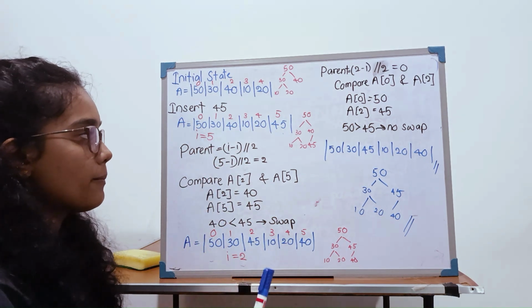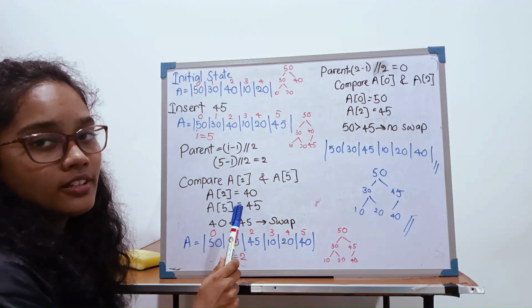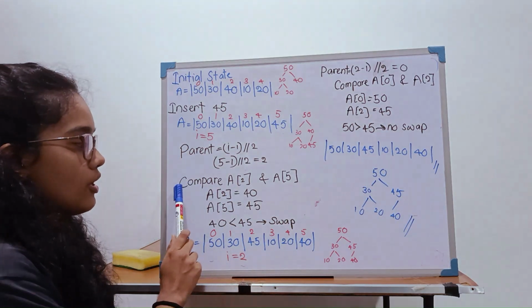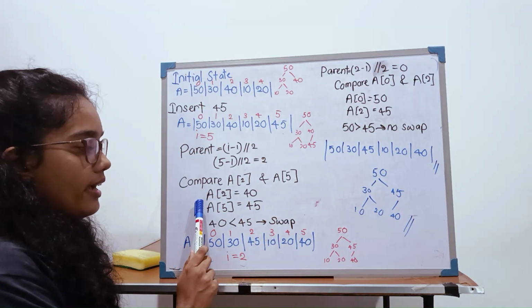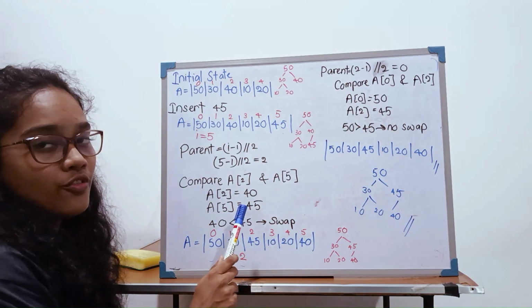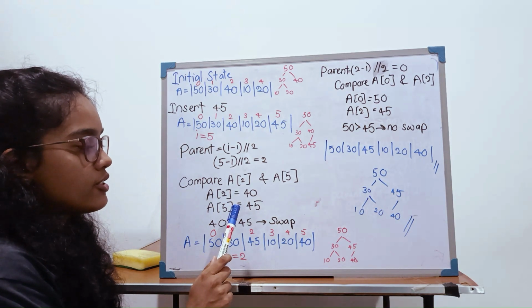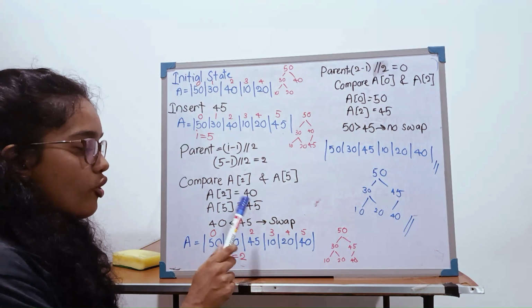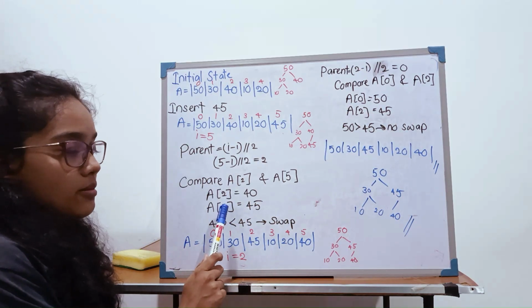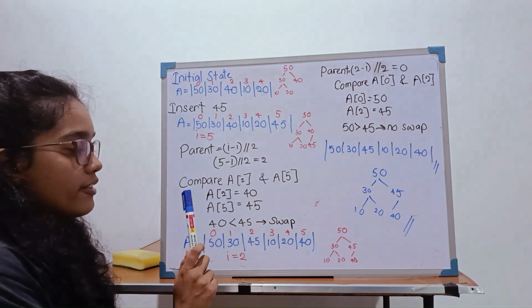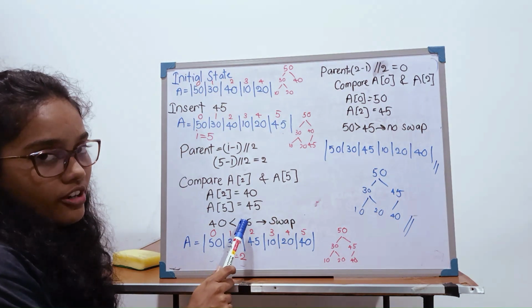So now we are comparing parent with the child. The value at index 2 is 40, and the element at index 5 is 45.